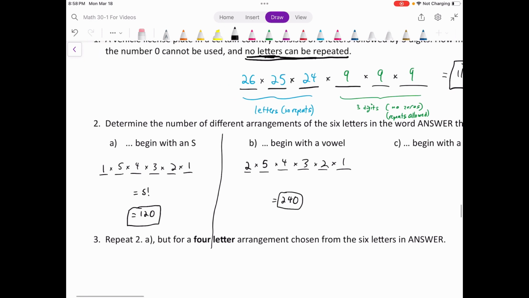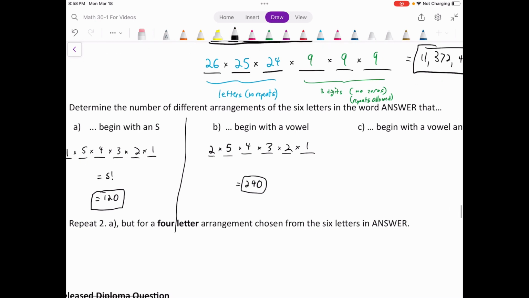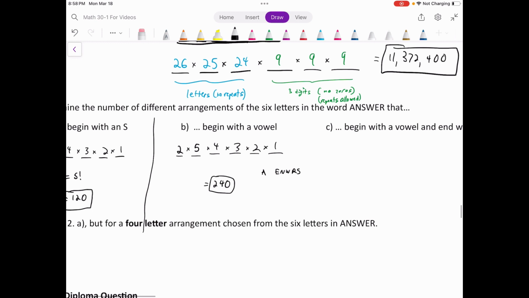This actually makes a ton of sense, right? Because it's actually a lot like A, except we could do all of this, right? We could arrange the 5 letters that we didn't start it with, but then we can do it again with the other letter, right? We could do A, then E-N-W-R, what am I missing? S, right? There's 5 factorial ways to do that.